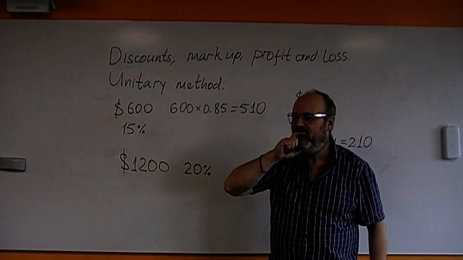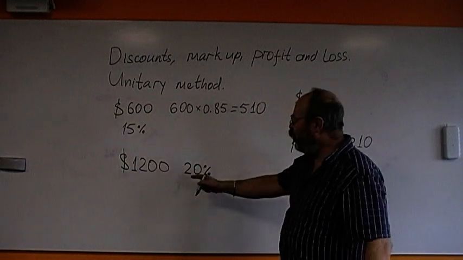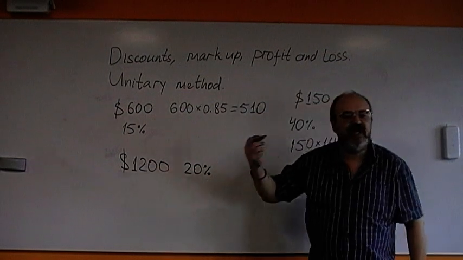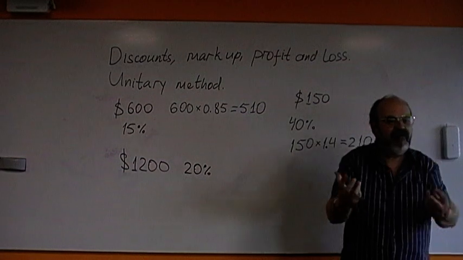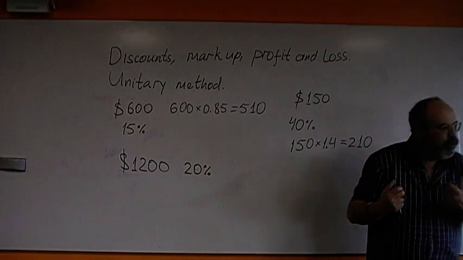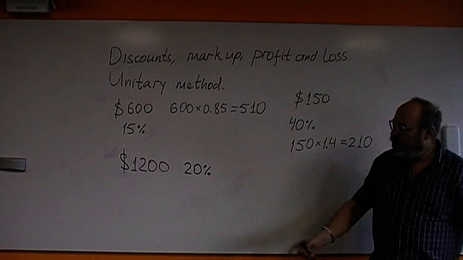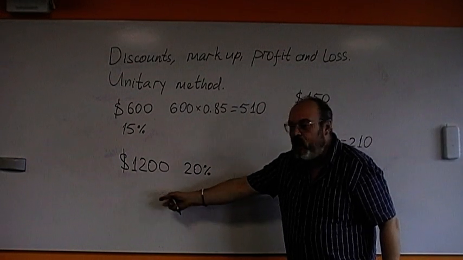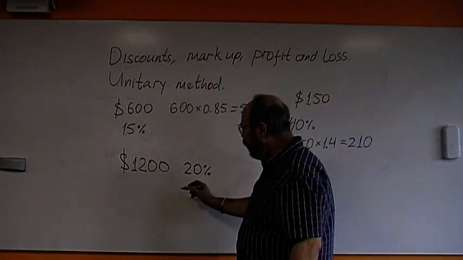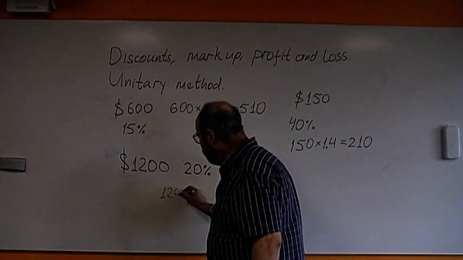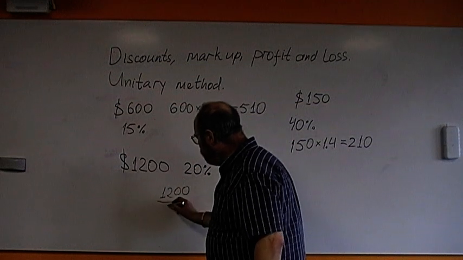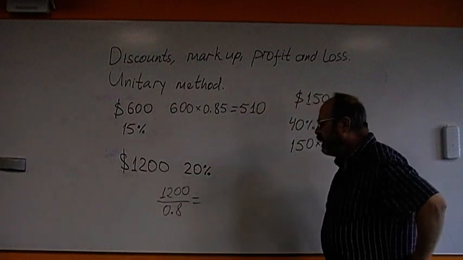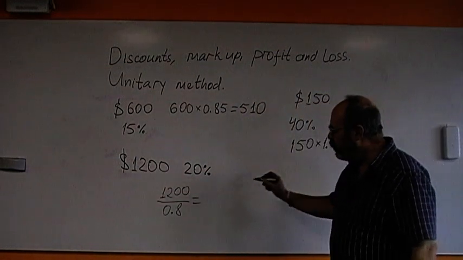No, we divide by 0.8, because 1,200 is 80% of the original, since after we take 20% off, 80% is left. So to work backwards, we need to divide 1,200 by 0.8, because 80% is 0.8.